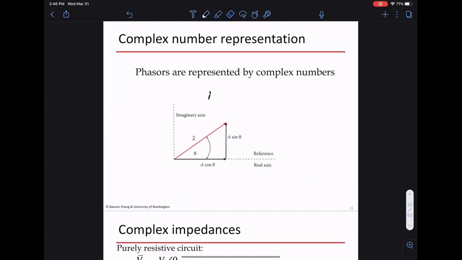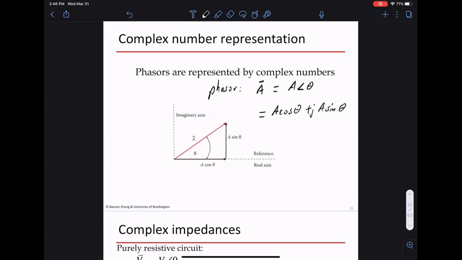For us, the phasor is A with a bar on top. This is the phasor notation or vector notation. We can write this as magnitude A with angle theta. This is the magnitude-angle notation. Or we can write this as A cosine theta plus j A sine theta.